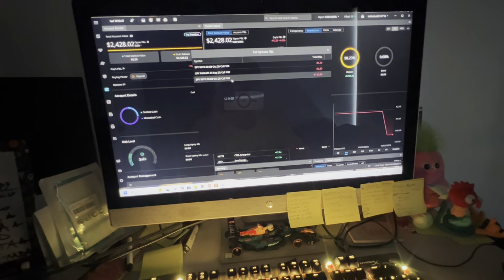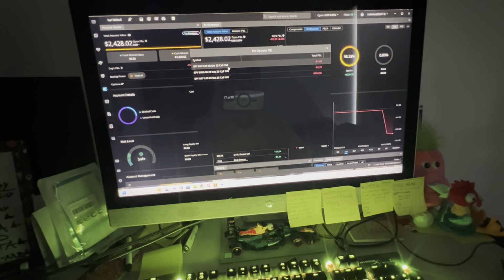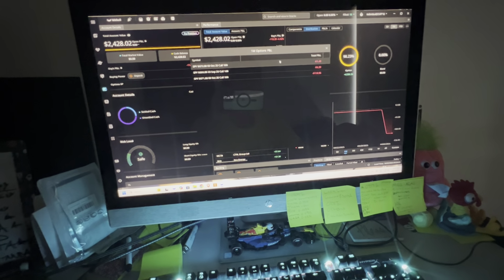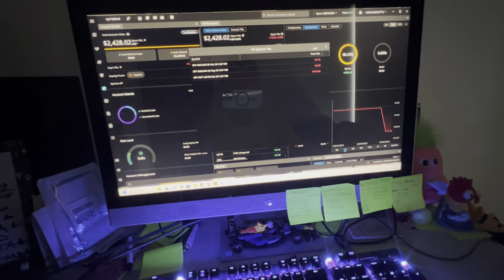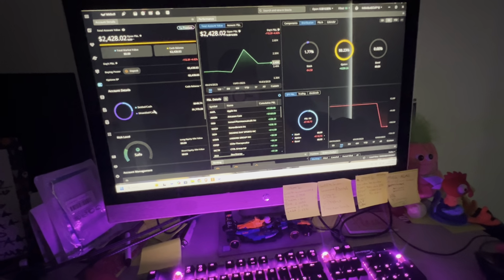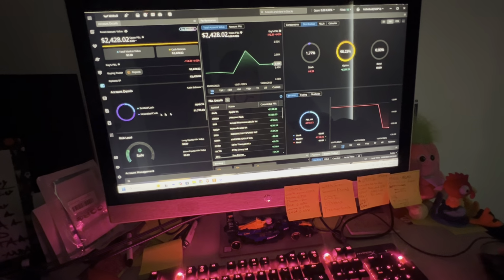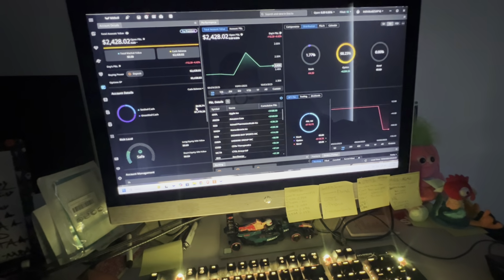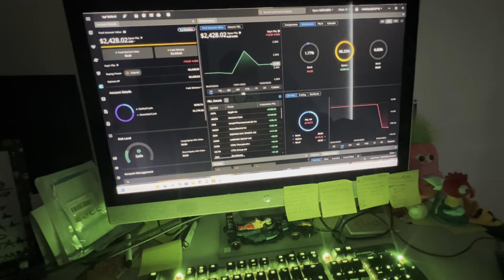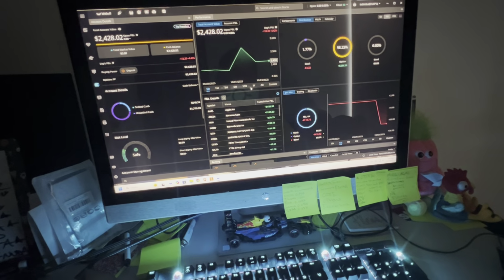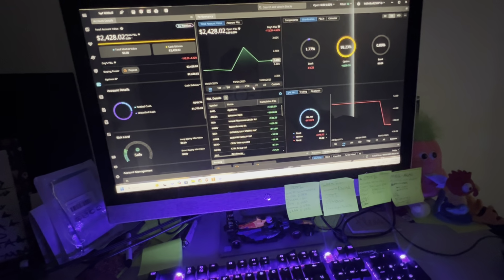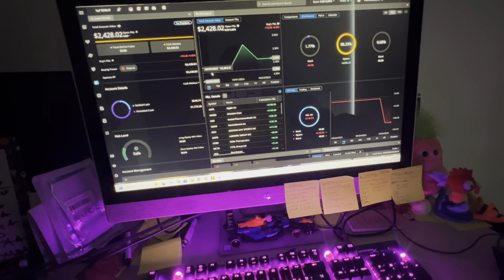Same calls, calls for 100. So right now my cash account is sitting at unsettled cash, and I only have settled cash 648. So remember, this is a small account challenge.